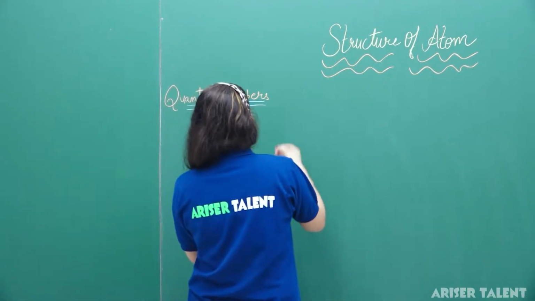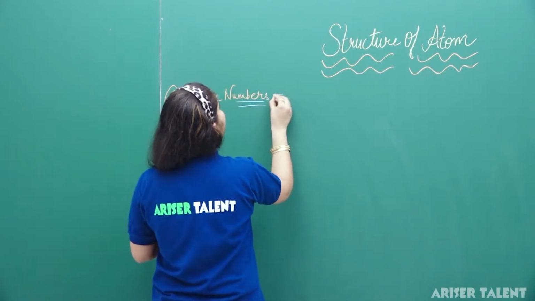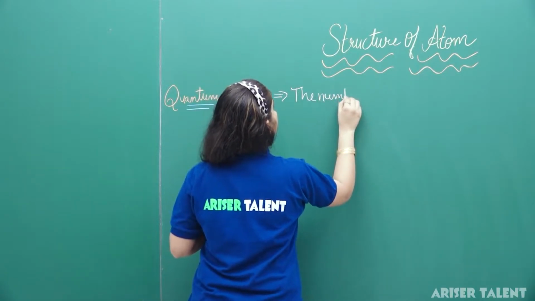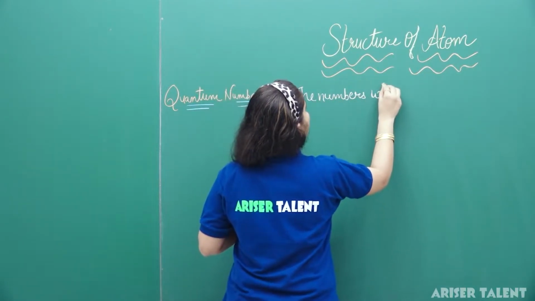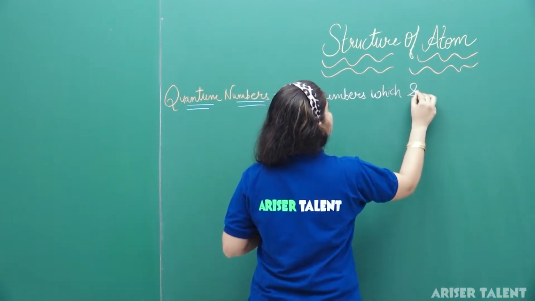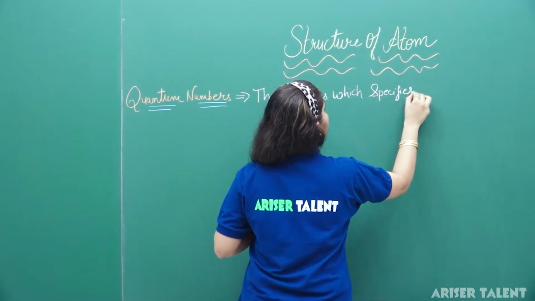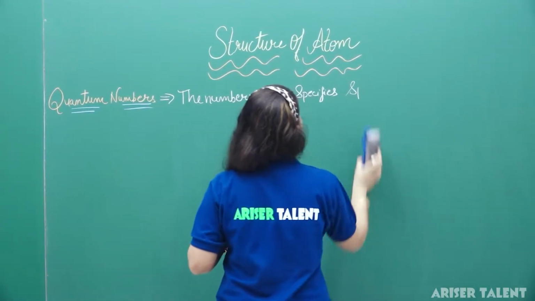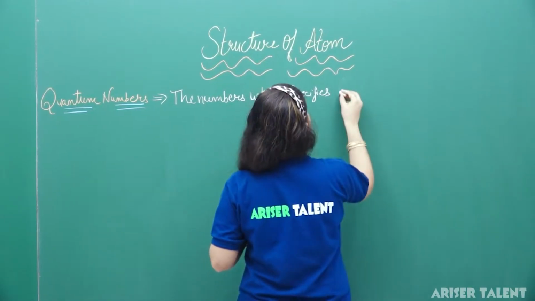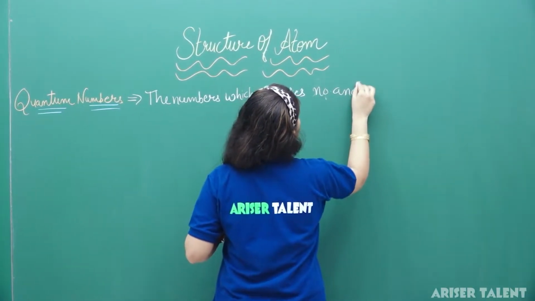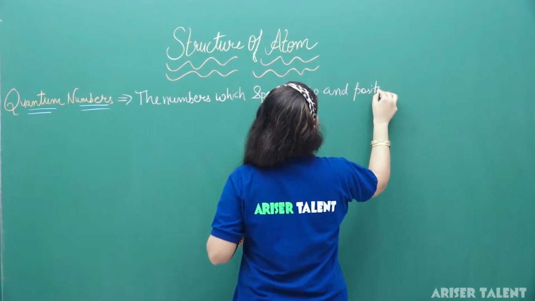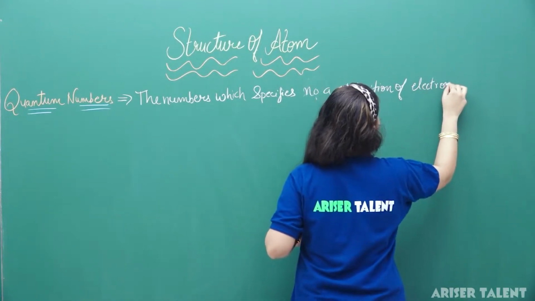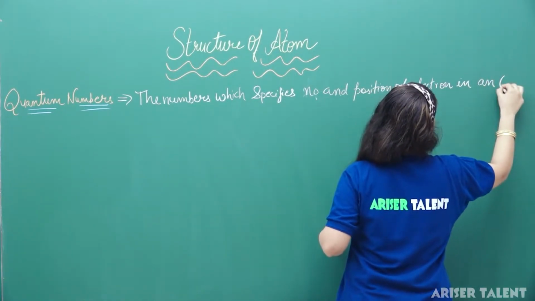I am writing the definition here. Quantum numbers are the numbers which specify the number and position of an electron in an orbit.